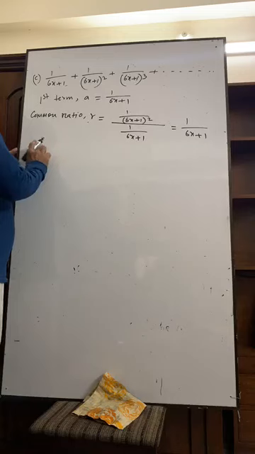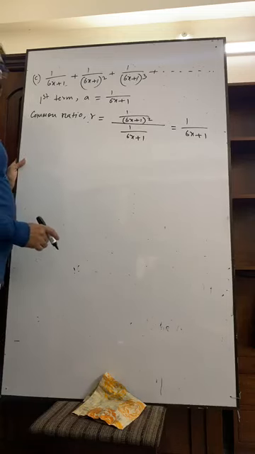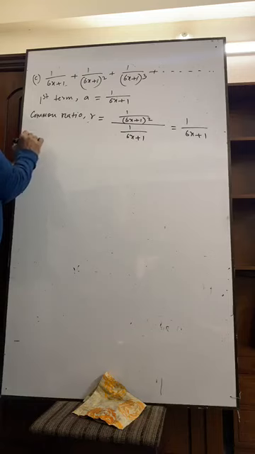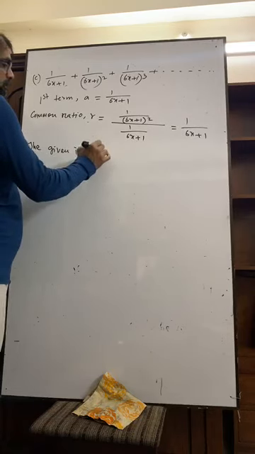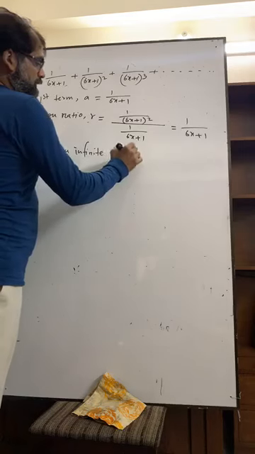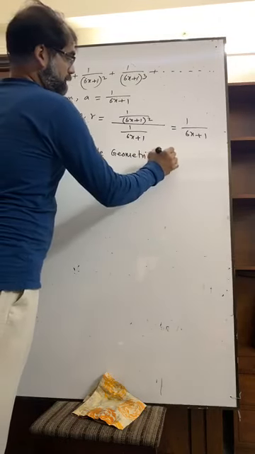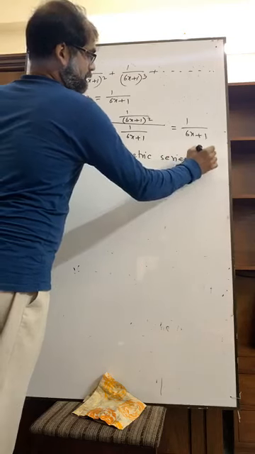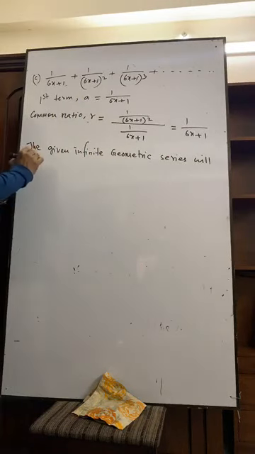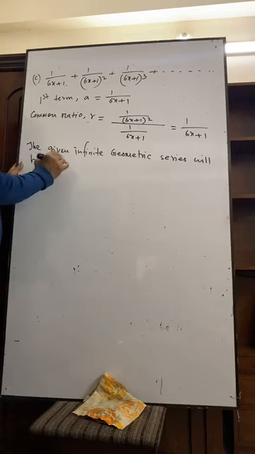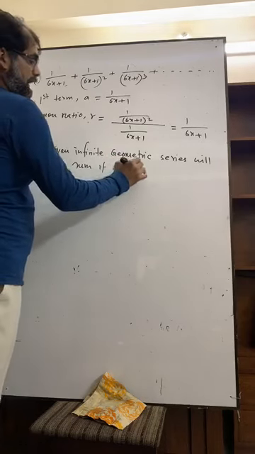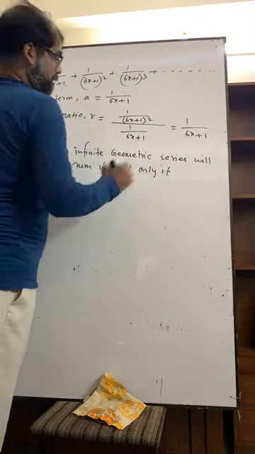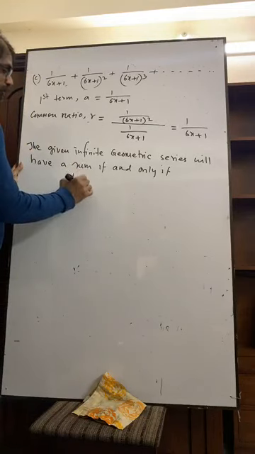That means write down: the given infinite geometric series will have a sum if and only if the absolute value of r is less than 1.